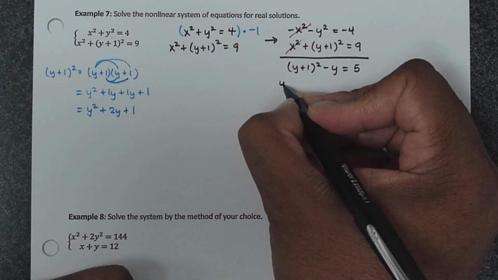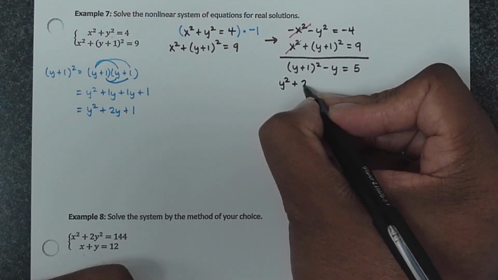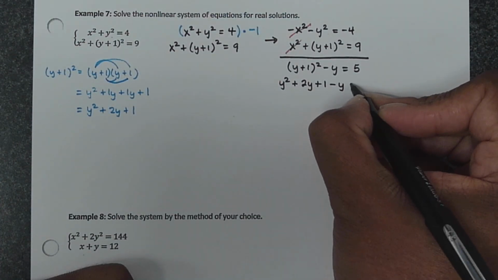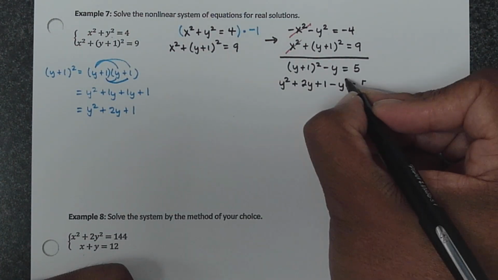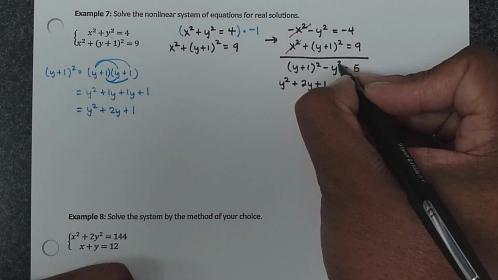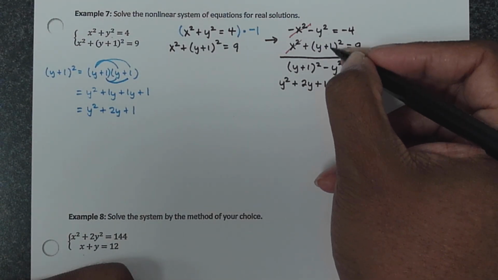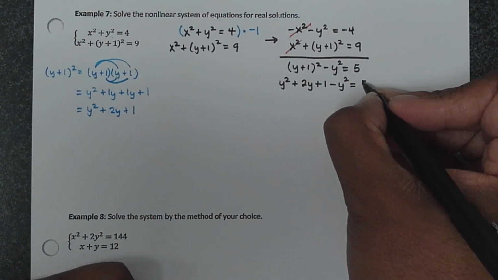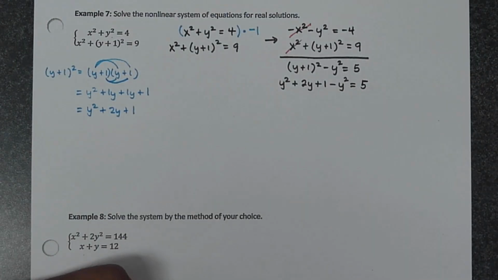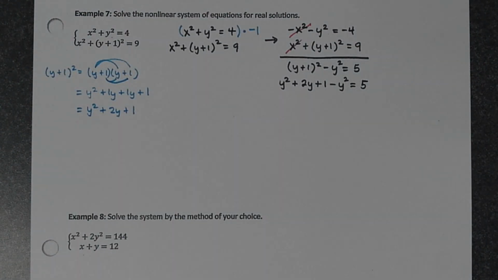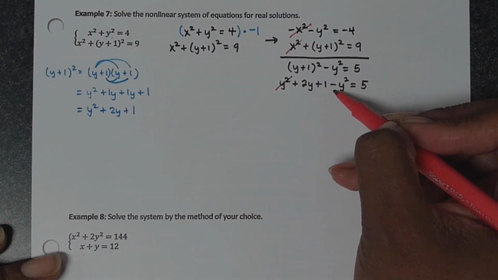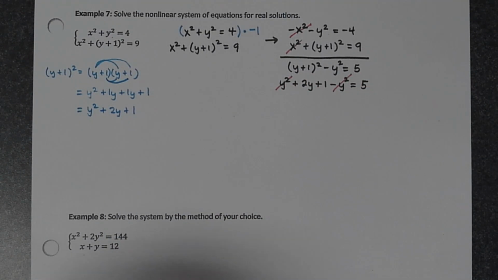So I'll write that in, y squared plus 2y plus 1, and then bring down the minus y squared from up here. That is equal to 5. This is going to work out real good because the y squared and the minus y squared give me 0, so that's gone.